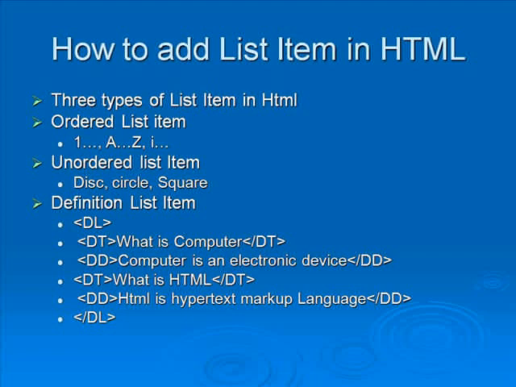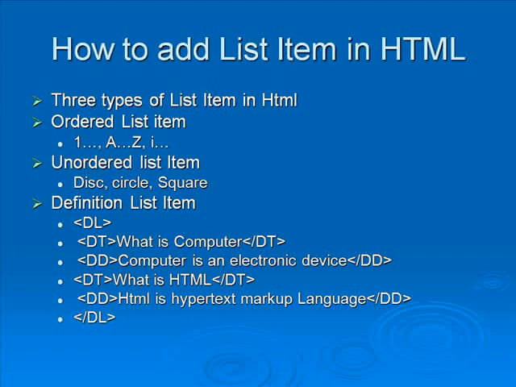The definition list item will start with the DL. DL stands for definition list. Then the DT, which is the definition term. That will be your question, like what is computer, and then you have to close with the slash DT. Then you have to start with the DD, which is your answer. DD stands for data definition.